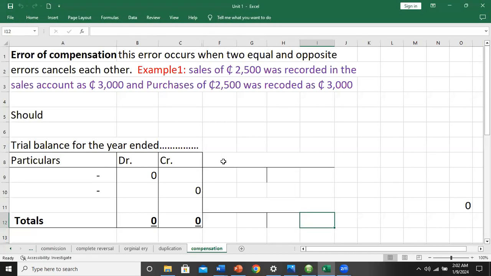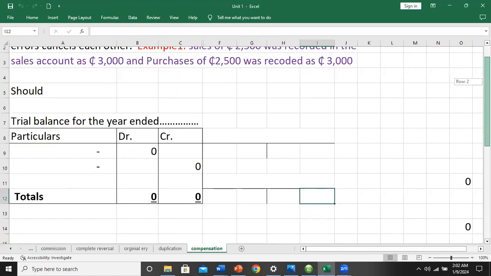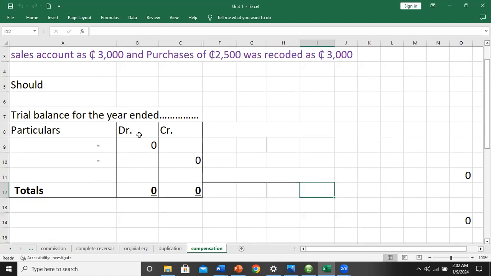Yes, as I believe you can see this screen now. Let's assume this is my trial balance. I have my first item, which is sales, and sales is supposed to be at the credit side, but I put it at the debit side. And then I have my next one, which is cash.